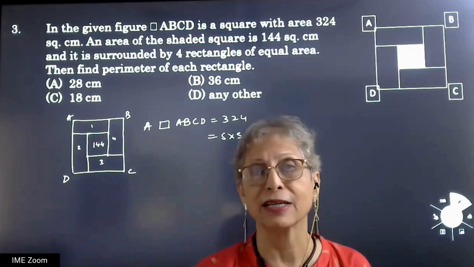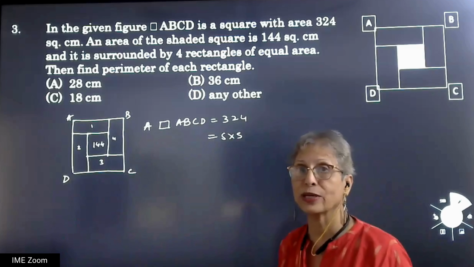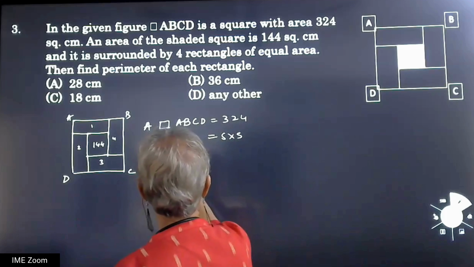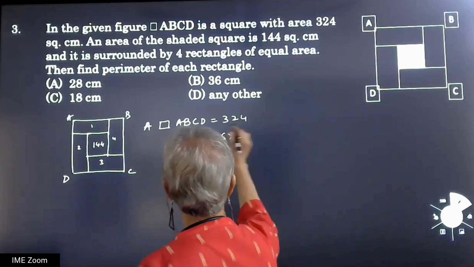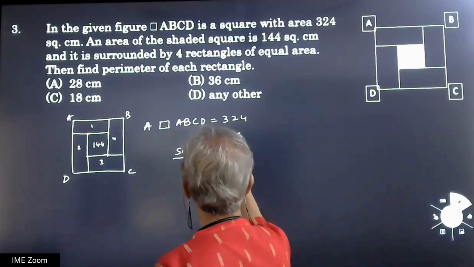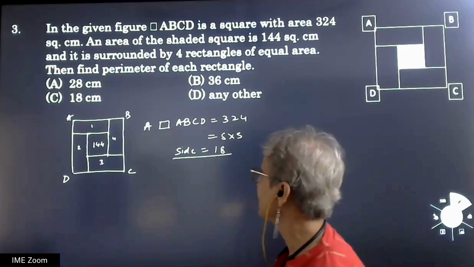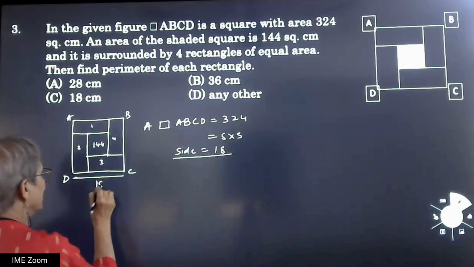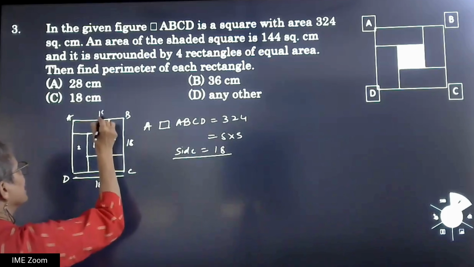Whose square is 324? You have to learn square numbers also, right? And therefore side is equal to 18, because 18 square is 324, and therefore this side, all sides, are 18, 18, 18, 18.